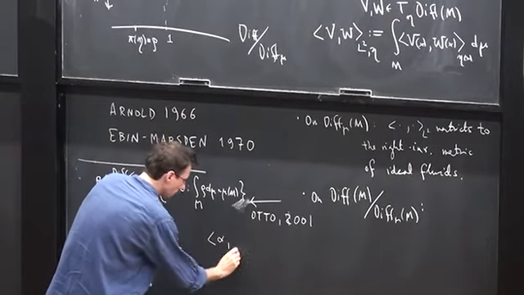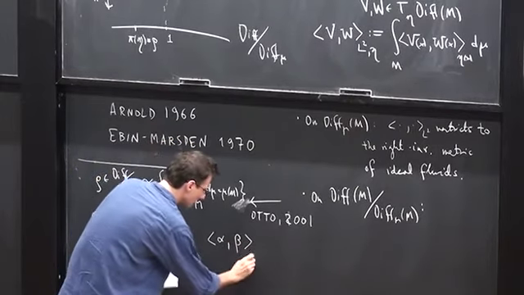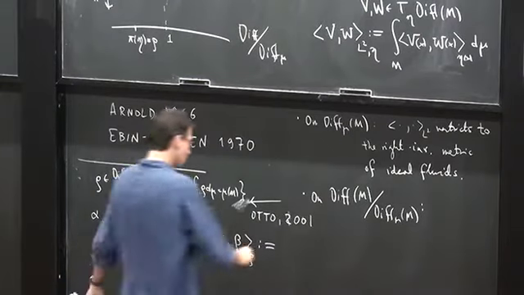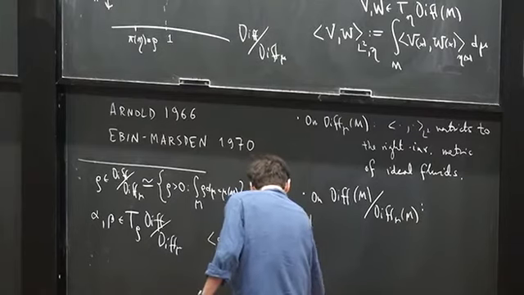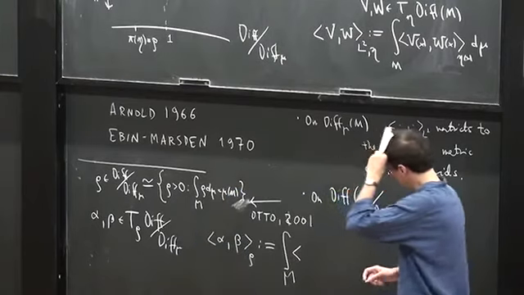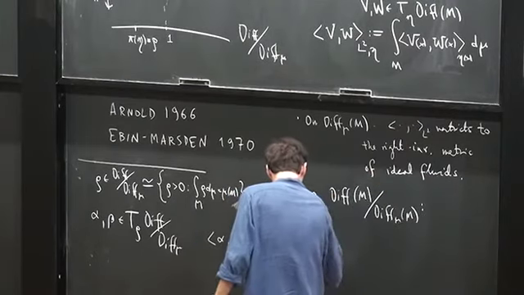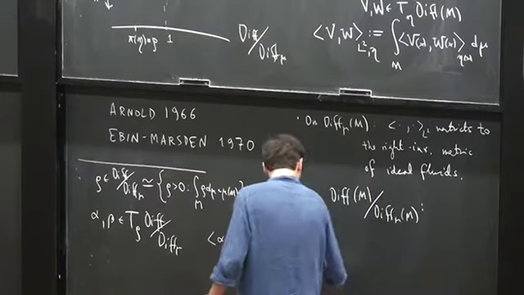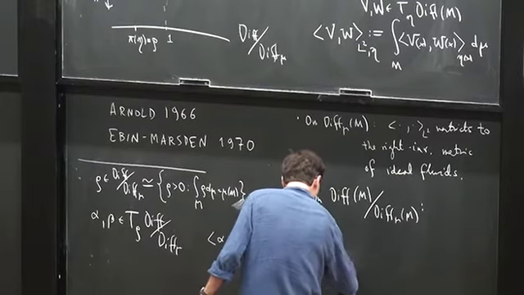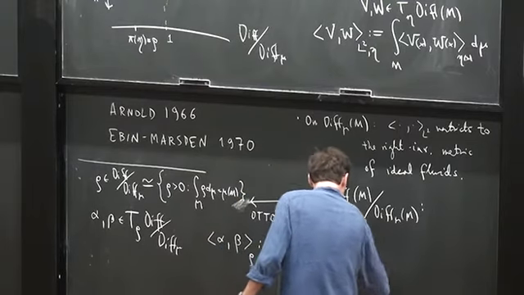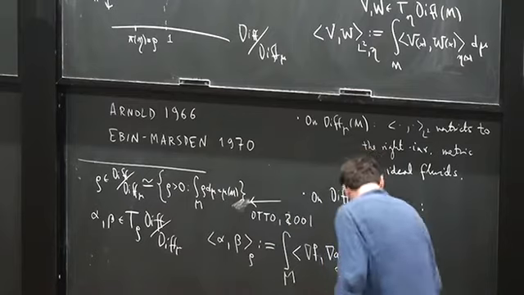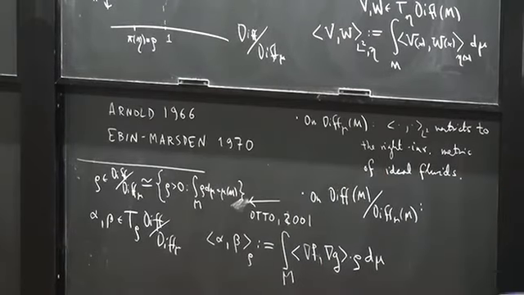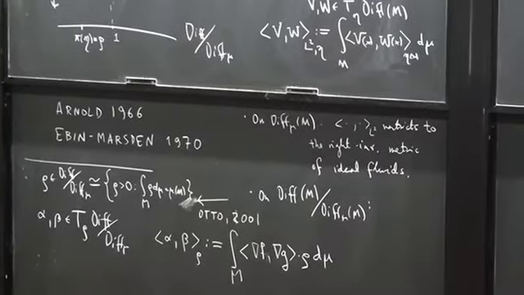I take alpha product with beta at rho, and the definition is that this is given as the integral over M of the product of the gradient of f with the gradient of g, times rho, integrated against d mu, where I need to explain what f and g are.